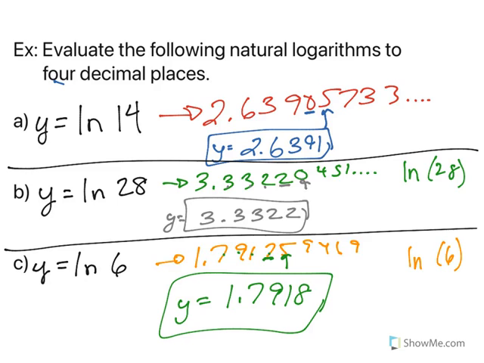Now, I do want to point out something because I think it's important that you understand why this all works. So we know an equivalent to this last one, right? Base of e, e to the y equals 6. Hopefully we remember that e is a constant that is basically 2.71828. It goes on forever. But if you look at this and just say, okay, let's just say 2.7 raised to a power equals 6.